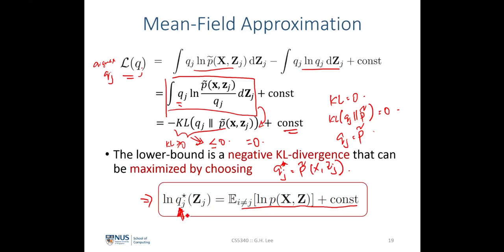But what happens is that the optimal solution for q that will maximize the lower bound, and as a result minimize the KL divergence between the two distributions q(z) and p(z|x), which is what we started off with earlier, naturally manifests itself as a function of the joint distribution, which is given in our graphical model. And we'll see in the later slides how to compute the optimal q's for several graphical model examples.